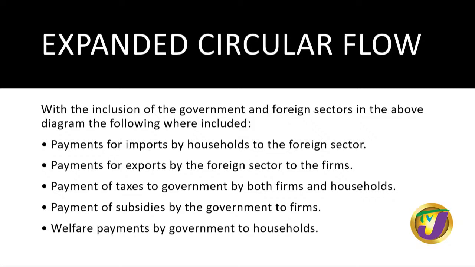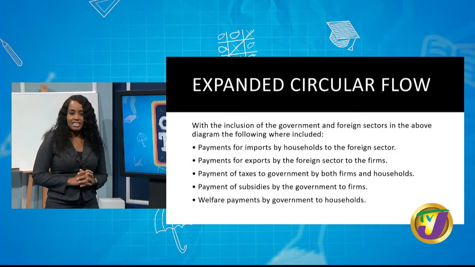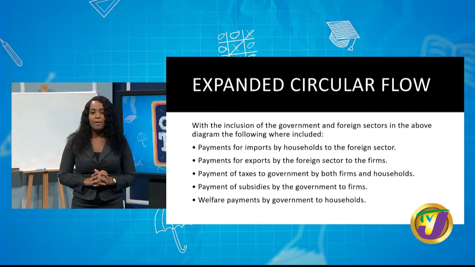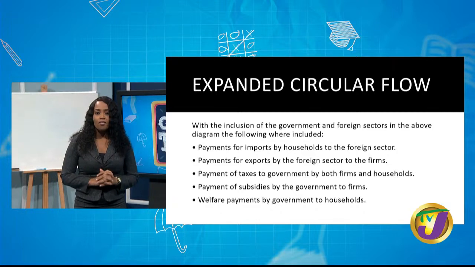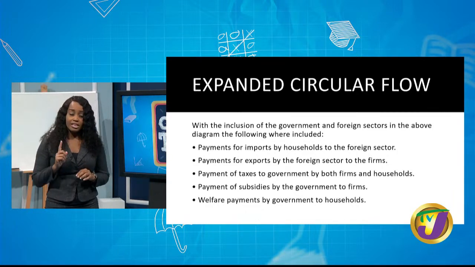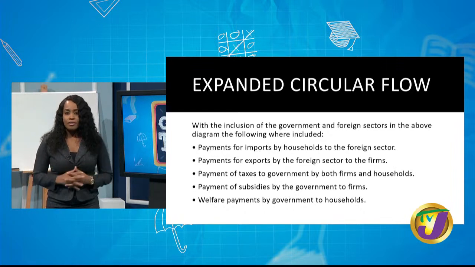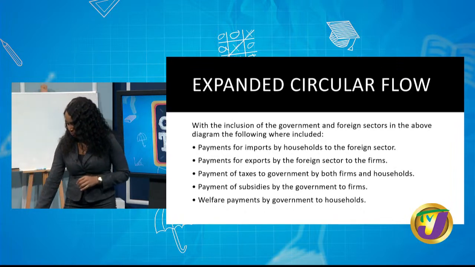So government will pay subsidies to firms so that it will aid their production. Maybe this will reduce the cost of production for firms so that they can produce more of the needed resources for an economy. And in addition, government will also make payments to households in the form of transfer payments, you'll hear that term again, or welfare payments.